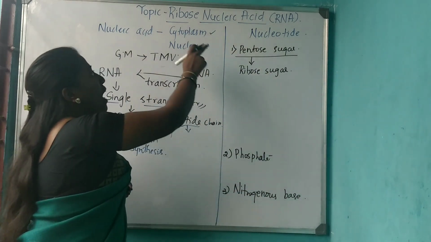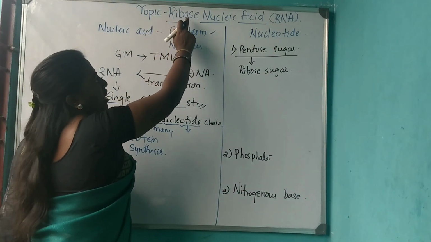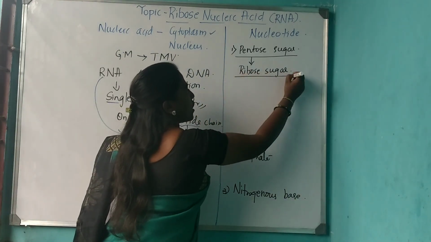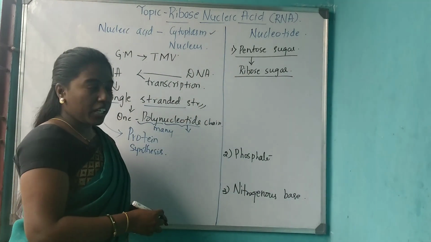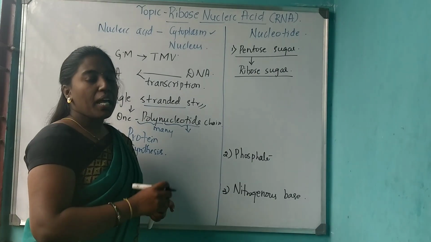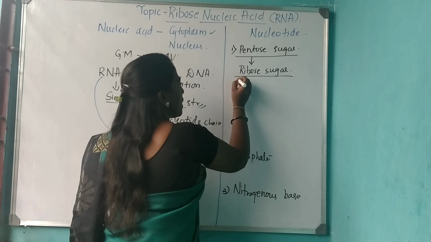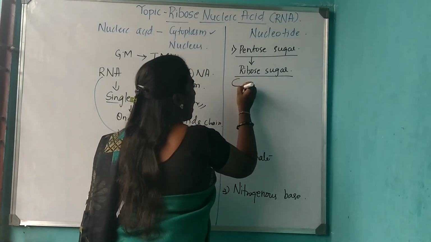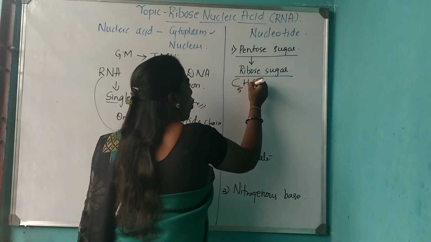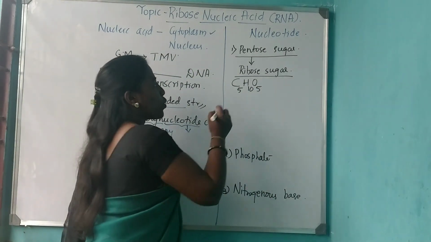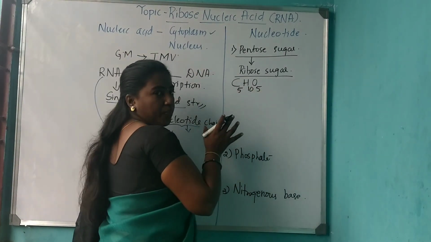Hence the name RNA, ribose nucleic acid. Let us see the structure of ribose sugar. Ribose sugar is made up of 5 carbon atoms, and its general formula is C5H10O5.